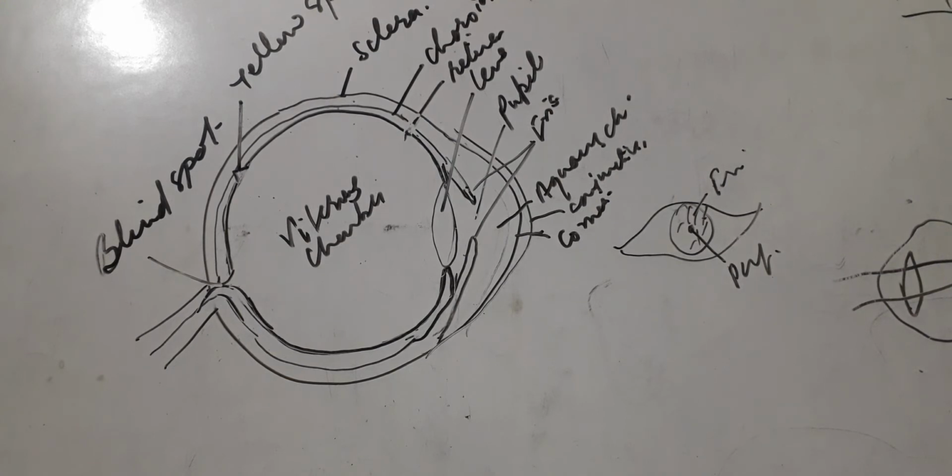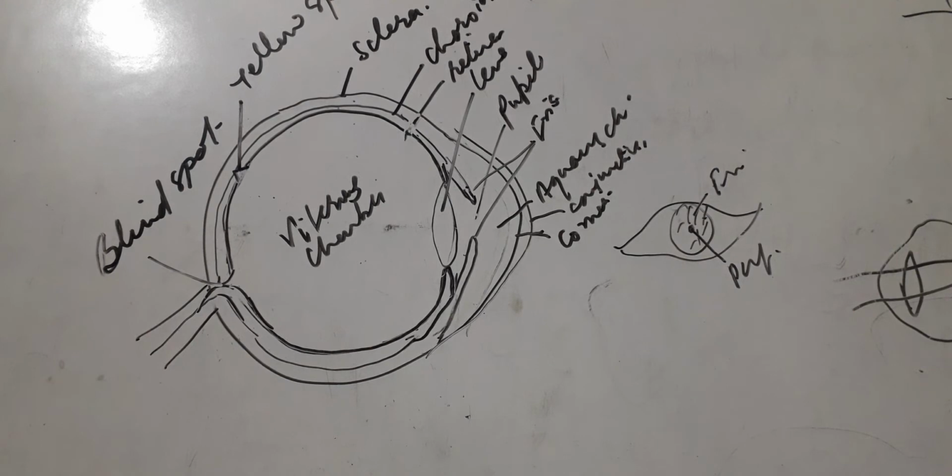Cones contain the pigment iodopsin, and rods contain the pigment rhodopsin. One more thing is the yellow spot, which is present on the eyeball. It is the point of best vision, and the blind spot is where there is no vision.